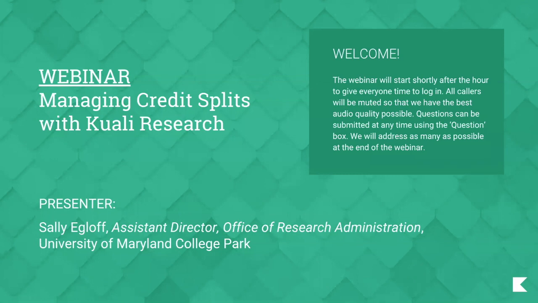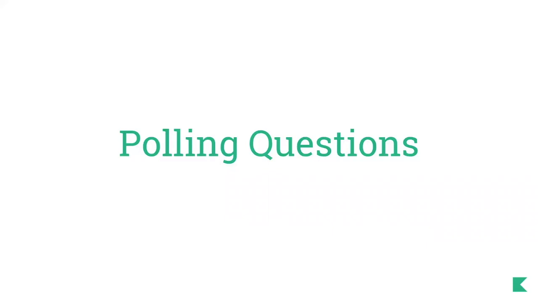I did want to begin today by asking a couple of questions to help Sally with her presentation. We had a couple of polls. Our first question is, do you use credit splits at your institution? Our responses are: yes, we record multiple credit allocation types; yes, we record one type of credit split; I'm not sure; no, but we are considering it.